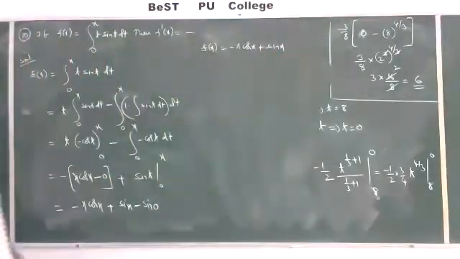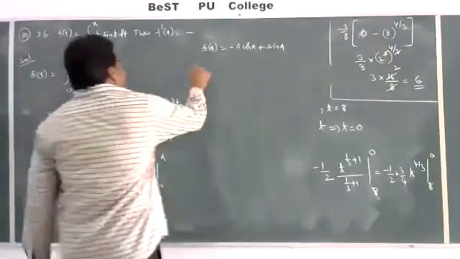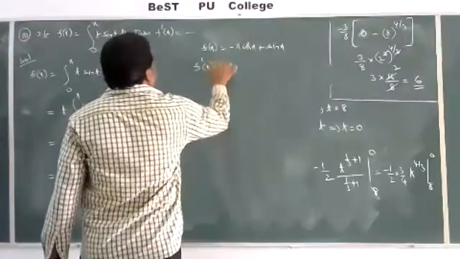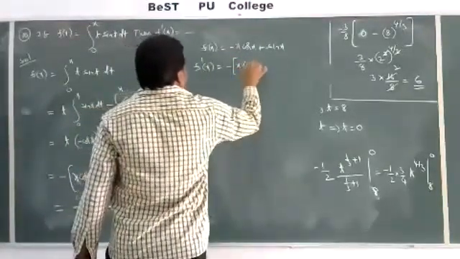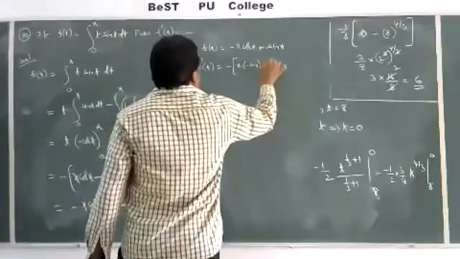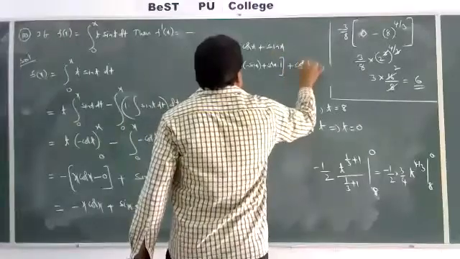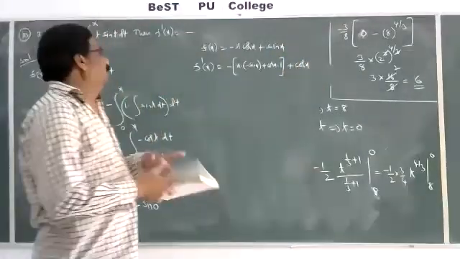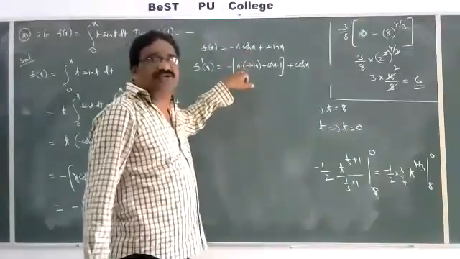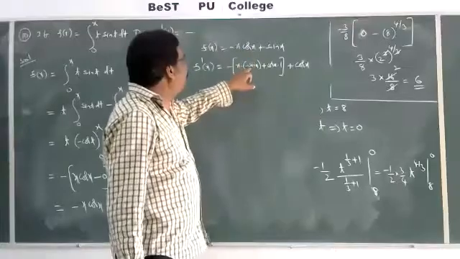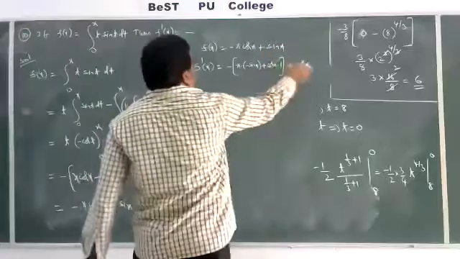So we require f'(x). That's why we differentiate. Using the product rule, minus is common: x times the derivative of cos x, which is −sin x, plus cos x times the derivative of x, which is 1, plus the derivative of sin x, which is cos x.